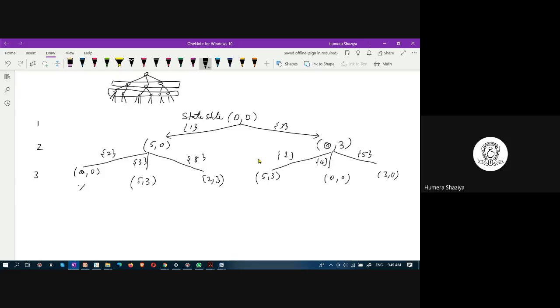This cannot be expanded because it will not lead to any state as it is in looping state. 5 comma 3 would give, on the application of rule 2 comma 4, and from this side on the application of 1 comma 2, you are not leading to anywhere.